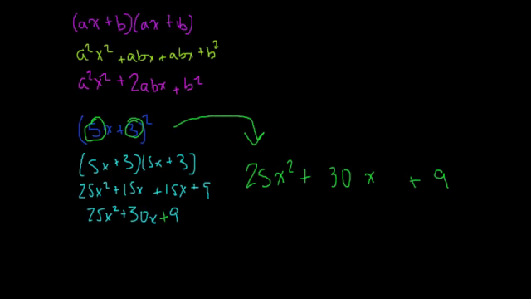Actually, I don't believe it has a real name that we use all the time. We just call it squaring ax plus b. So, how about ax minus b squared? So it's going to be a squared x squared, we're foiling it, minus abx minus abx plus b squared.